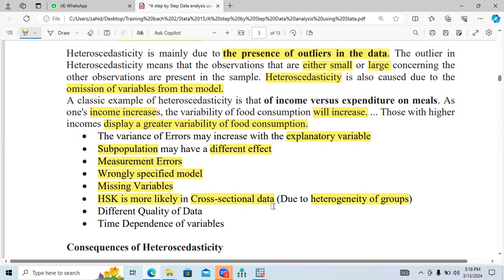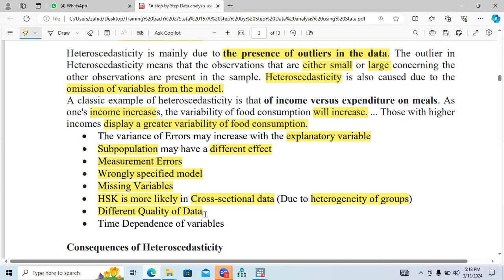So in case of cross-sectional data, there is a high chance of heteroscedasticity. Another cause is different quality of data. If your data indicates different quality, some of the variables are qualitative, some are quantitative, some are discrete, some are continuous, some are nominal, ordinal, or scale variables.